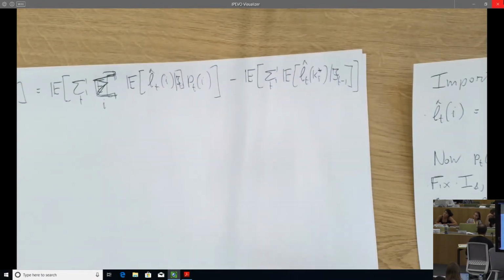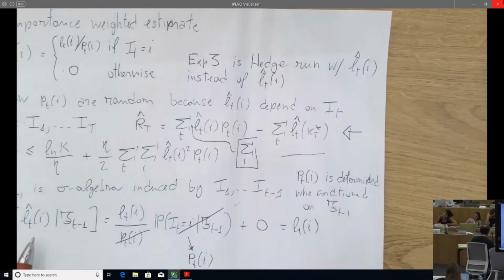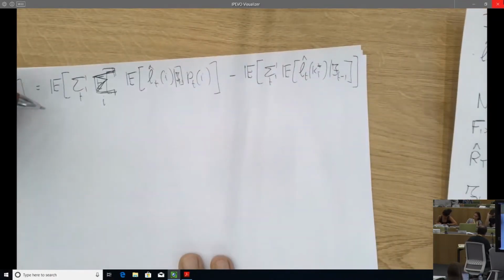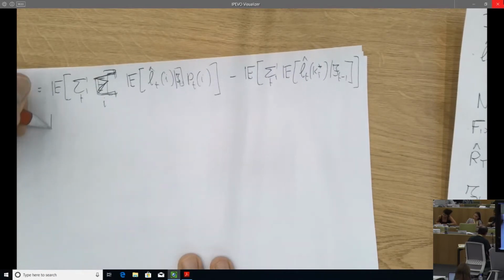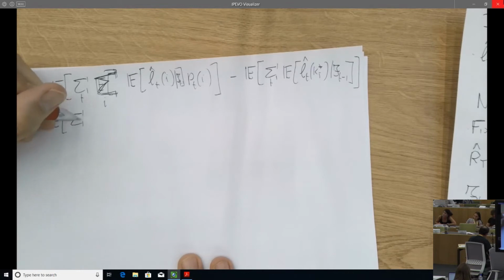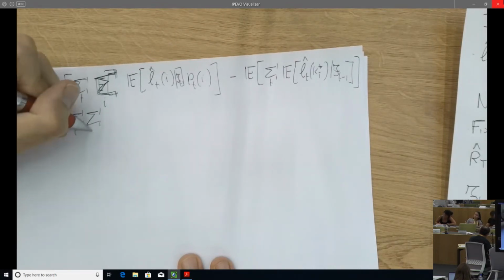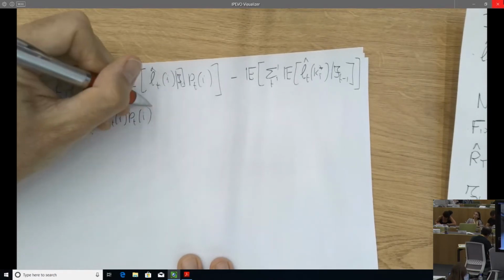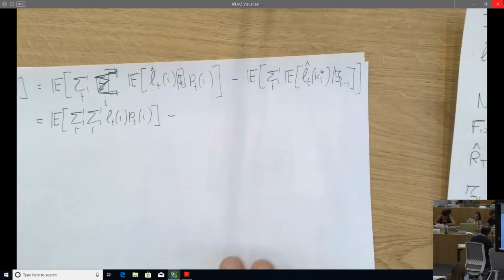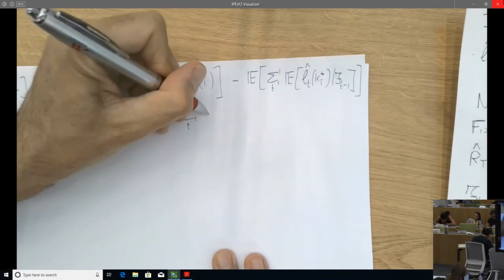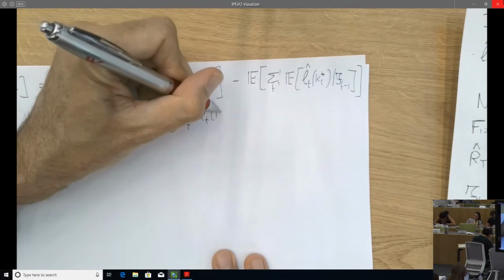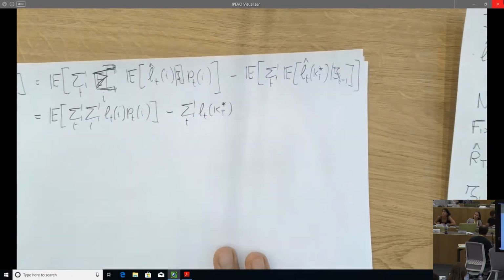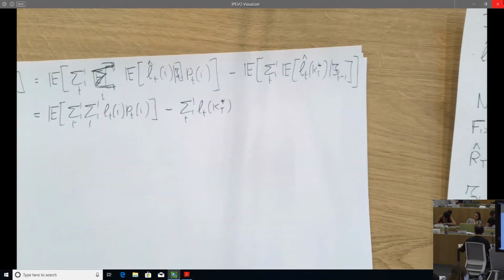Okay? So now I'm using the fact that these conditionals are actually the true thing, right? We just showed it. So now I can write it in a cleaner way: sum over t, sum over I, LTI, PTI, minus, and this is a completely deterministic quantity because it's just the losses of the best action, and everything is deterministic on this side. Okay, so this is fine.